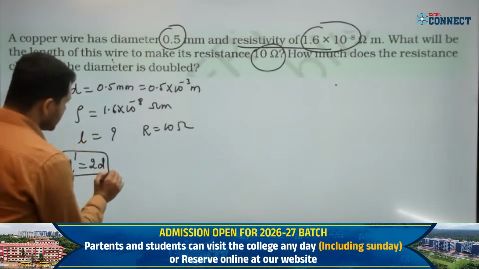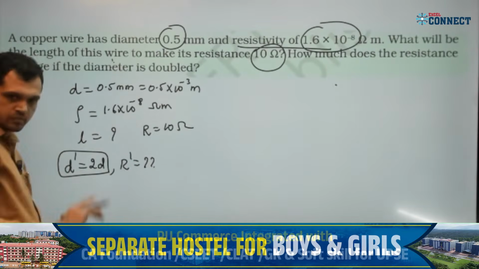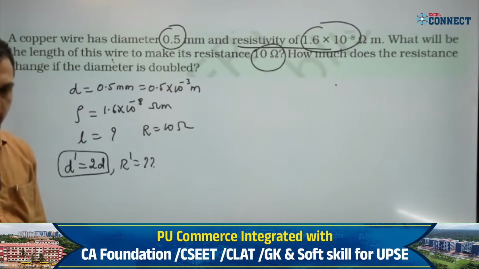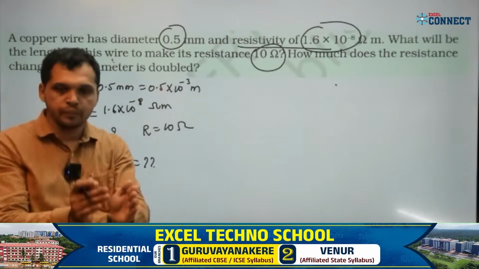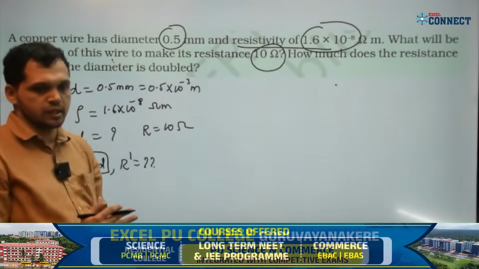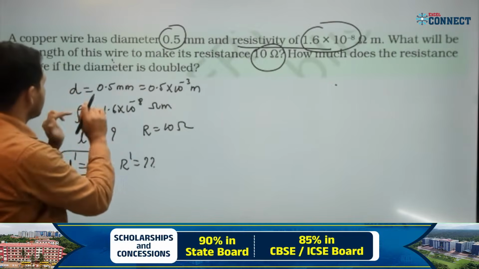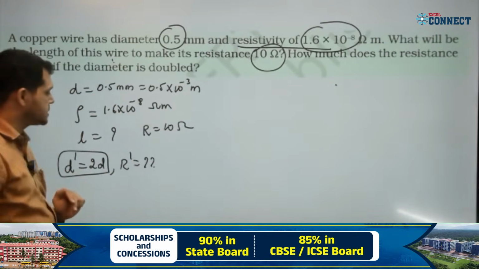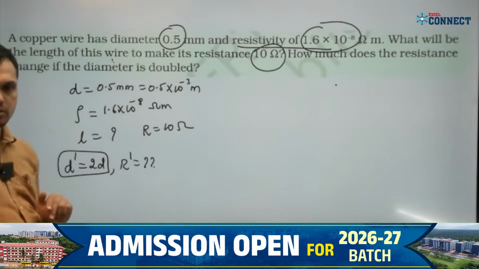That is R dash, I have to write. Hope you understood the question. First, read the problem and understand what is given. I noted all this given data: diameter and resistivity are given, and length we have to find for this particular resistance.